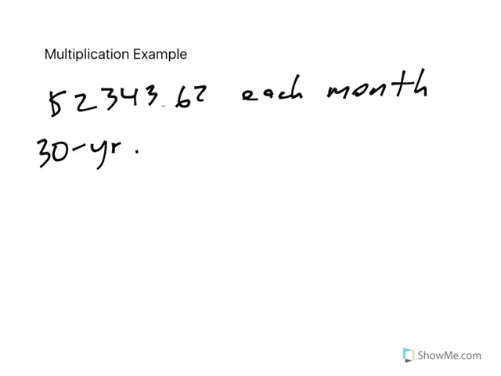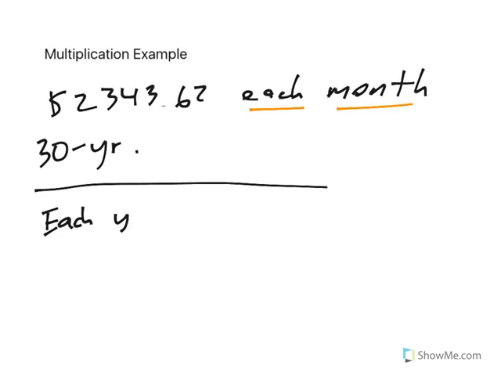When you start thinking about it, you go, okay, I'm paying $2,000 some odd each month. That means each year you're paying this monthly amount times 12.